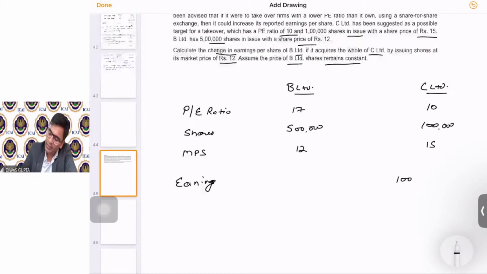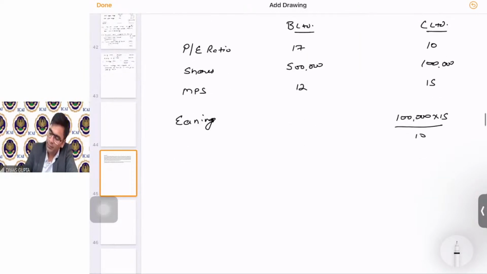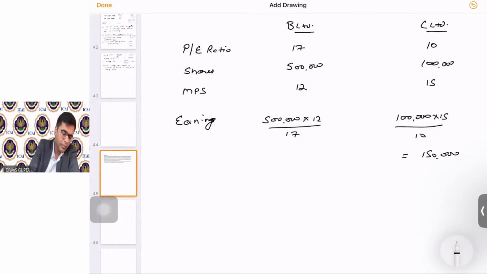Earnings here will be 1 lakh into 15, that is the total market value divided by the P/E ratio. So this comes to 1,50,000. Similarly, here it is 5 lakhs into market price per share divided by the P/E ratio. So this comes to 352,941. Okay, these are the earnings.